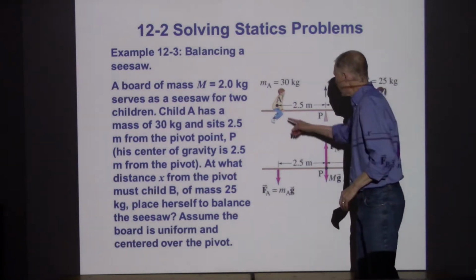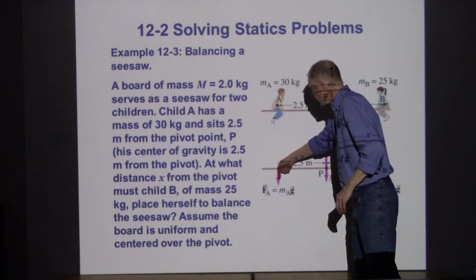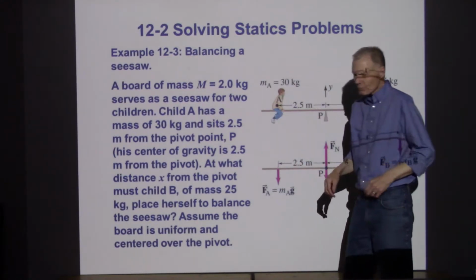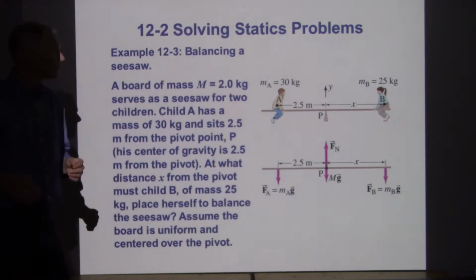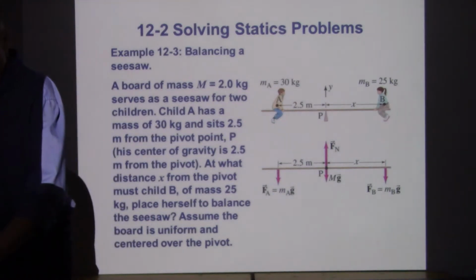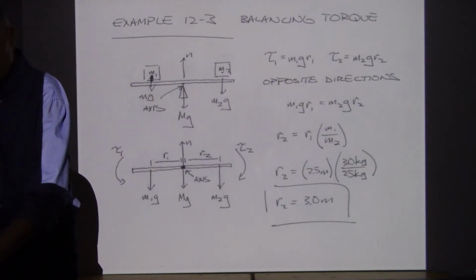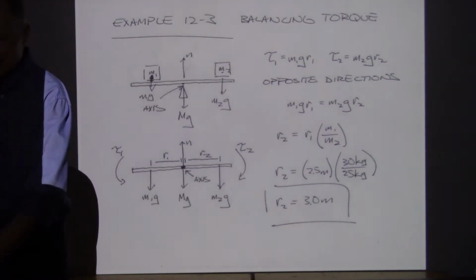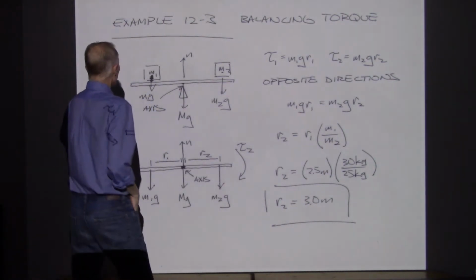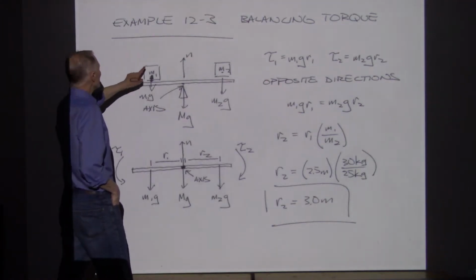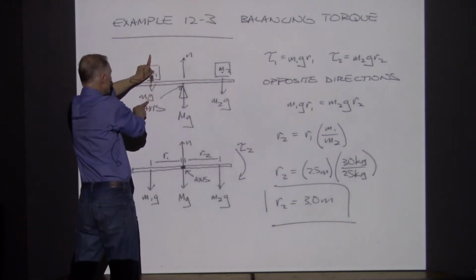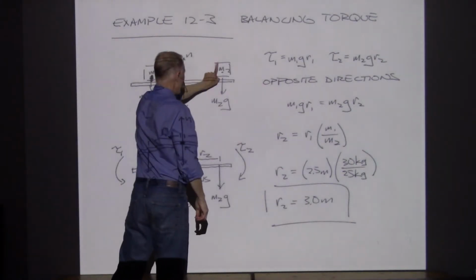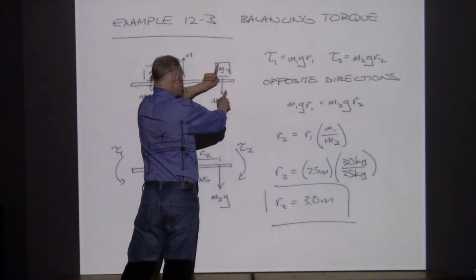And then there's a gravitational force of the kid. Now, this is kind of shorthand notation. Strictly speaking, what we should do, and maybe I did this in my diagrams, maybe I didn't, is say that N1 is equal to M1G, and N2 is equal to M2G.